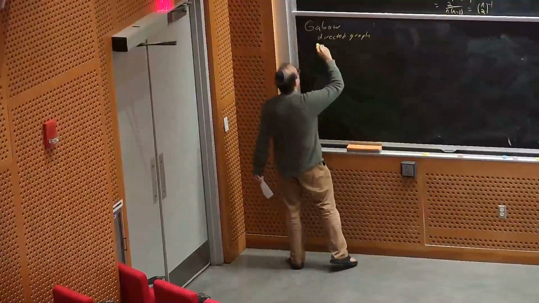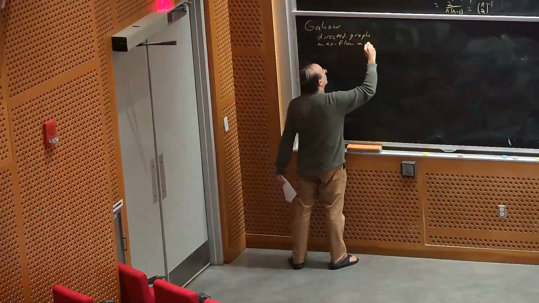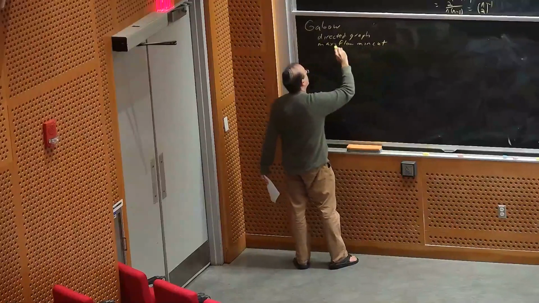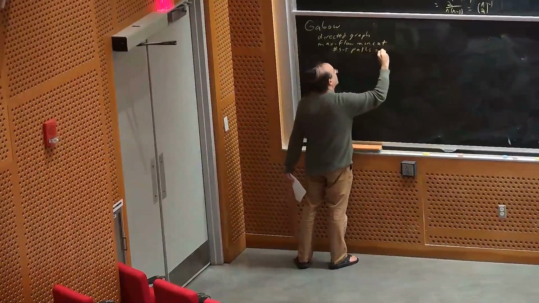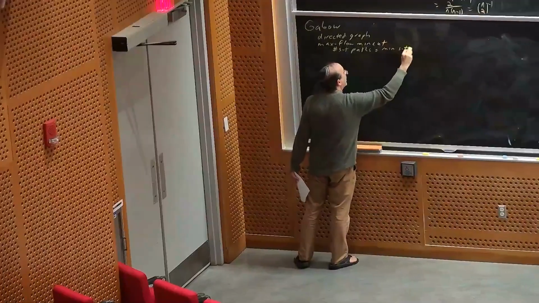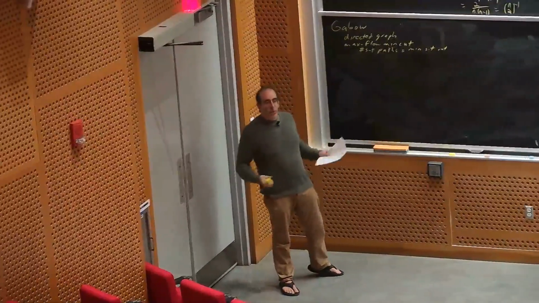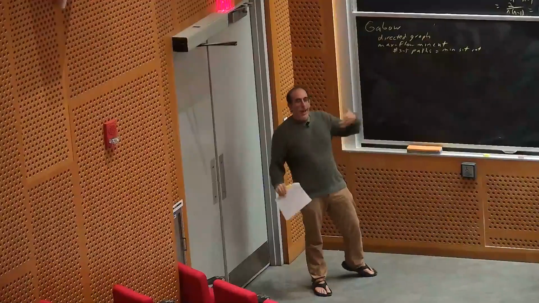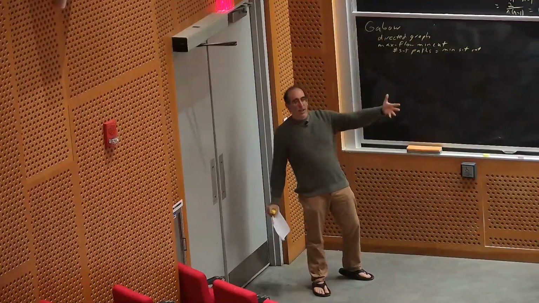So we have the max flow min cut theorem, which says that the number of ST paths is equal to the min ST cut. And this is sort of obvious in one direction, right? Because each path from S to T has to use up one of the edges of every cut.